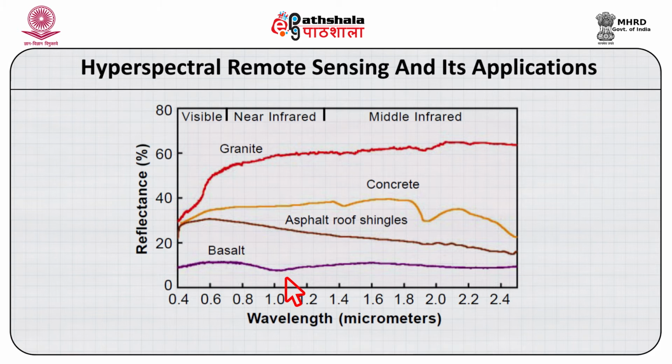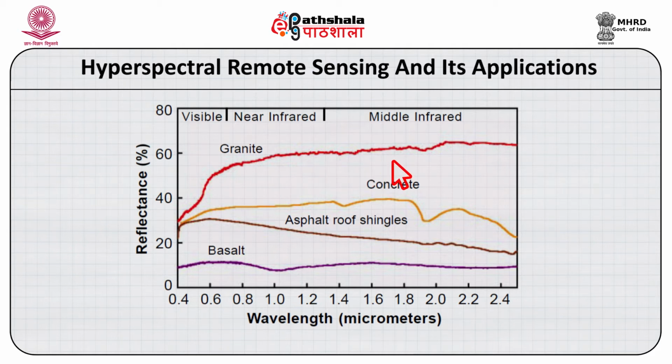basalt does not respond very strongly in the wavelength region from 0.4 to 2.4. A roof surface behaves strongly in the visible region, then it goes down. Concrete surfaces behave strongly in all the wavelength regions. A granite rooftop behaves strongly in the near infrared and middle infrared.